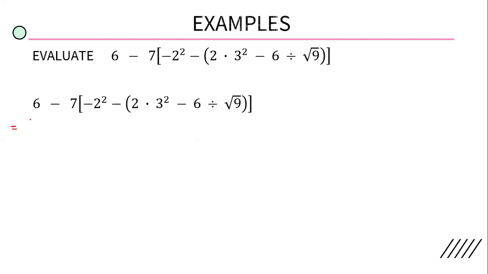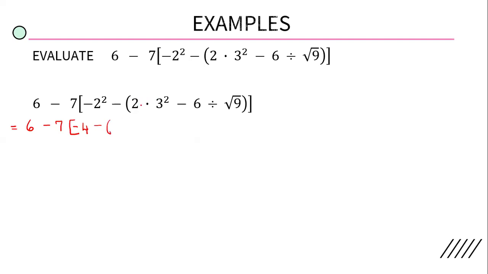Bringing down my 6, my negative 7, because I cannot touch this 7 until I've dealt with everything inside the big parentheses. Now I have negative. This negative does not apply to the 2 squared, to the square that is just the 2. So 2 squared is 4. So that's negative 4.